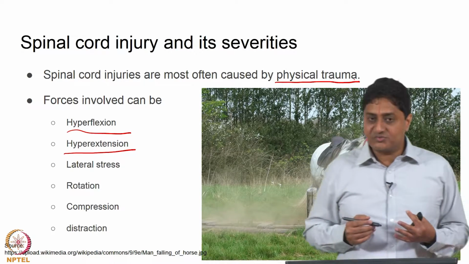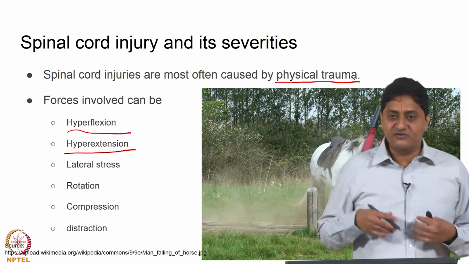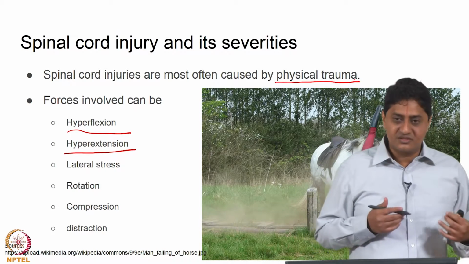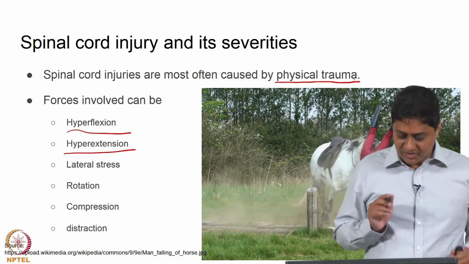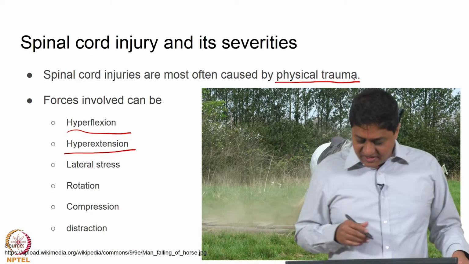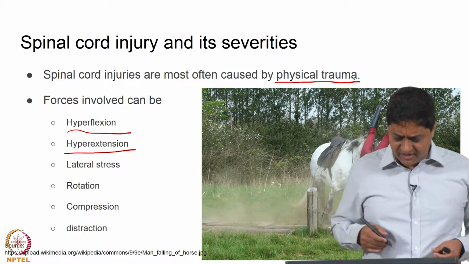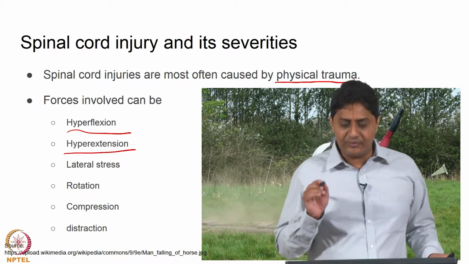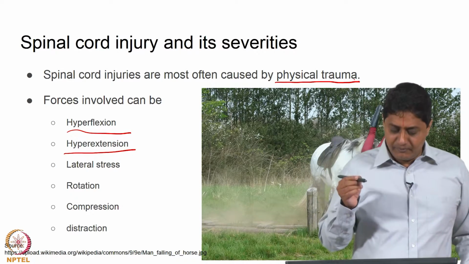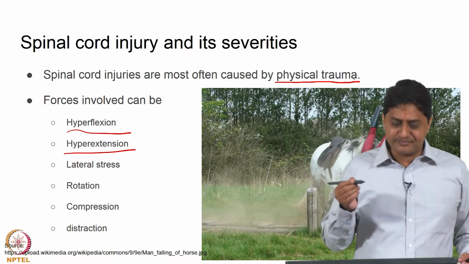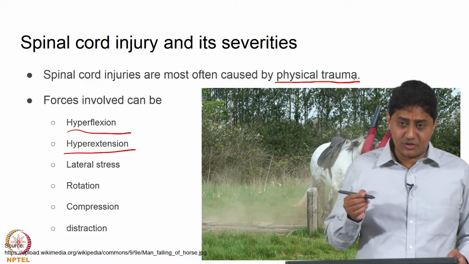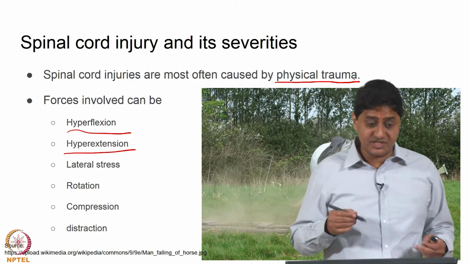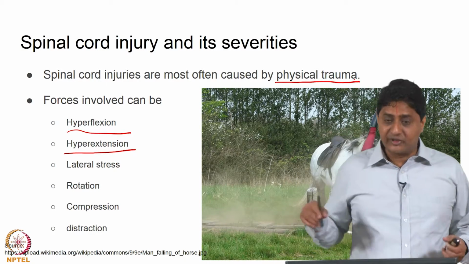Likewise, the spinal cord: falling from trees, falling from motorcycles, falling from stairs could cause irreversible damage, in some cases paralysis, depending on the severity and the particular point on the spinal cord at which the trauma is happening. Sometimes it happens in multiple places, so the damage can also have multiple consequences.